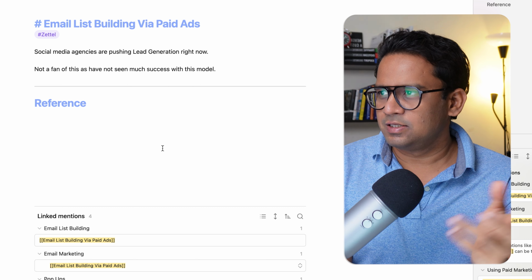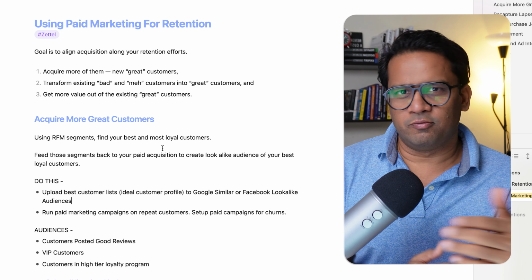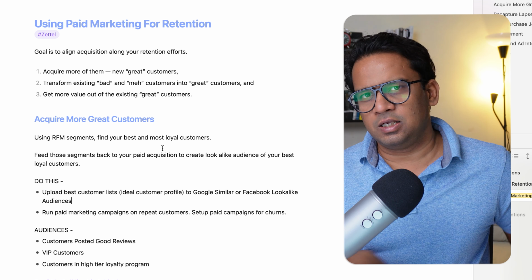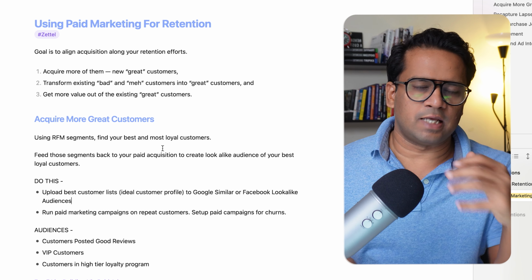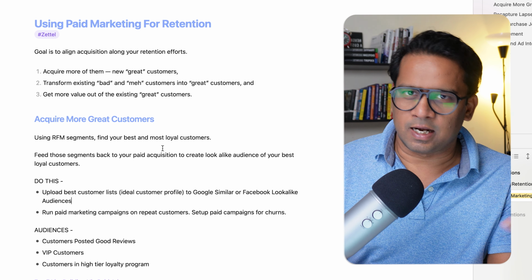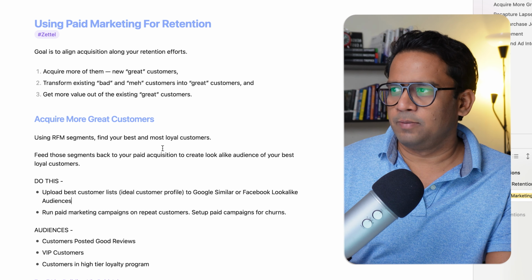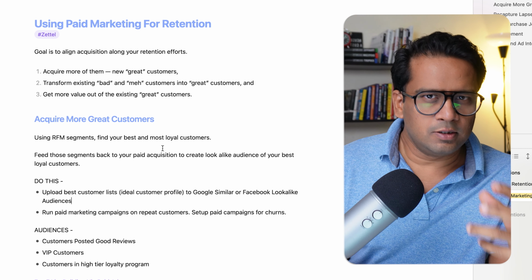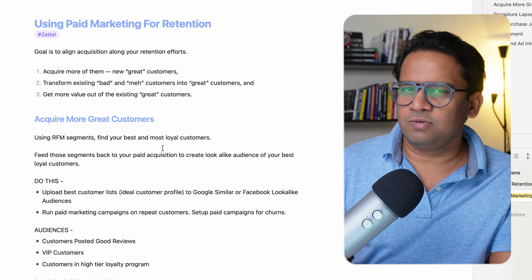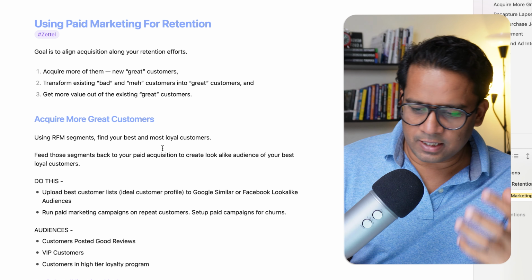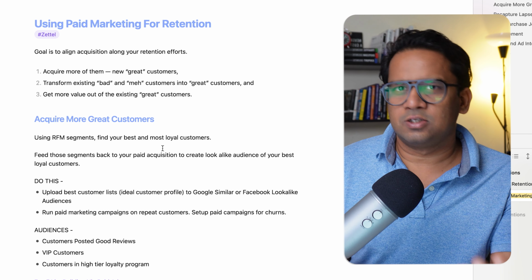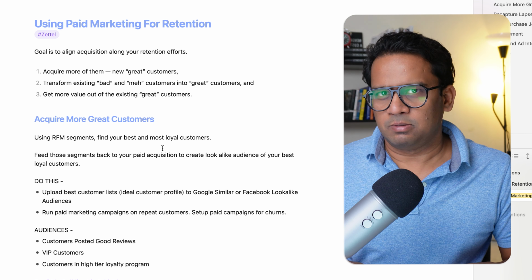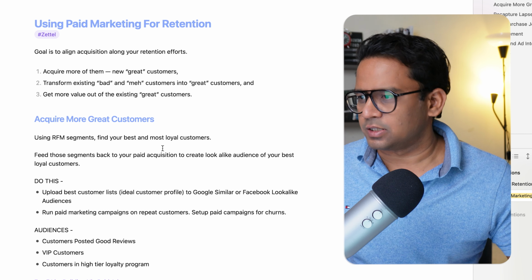Social media agencies we work with have been pushing this since the iOS 14 update, pushing their clients to move in this direction. But the idea is that with paid ads to build the list, we have not seen much success. If you can get the user to your website, and they know your brand, then it's worth it. But you can use paid marketing to build your email list as well.